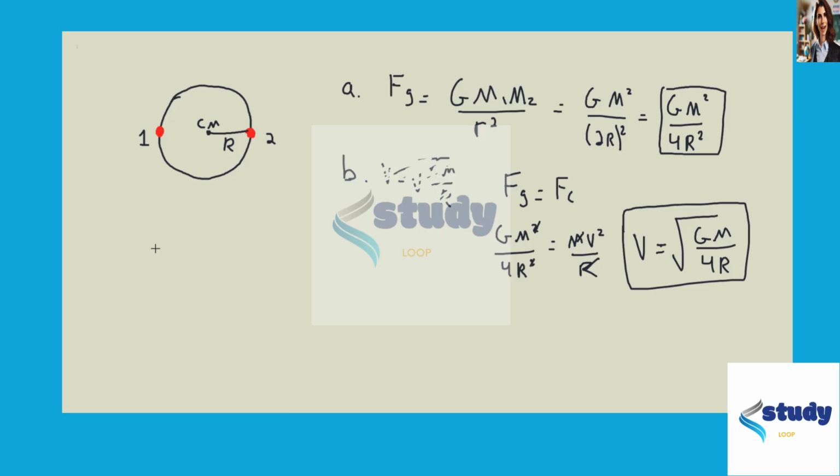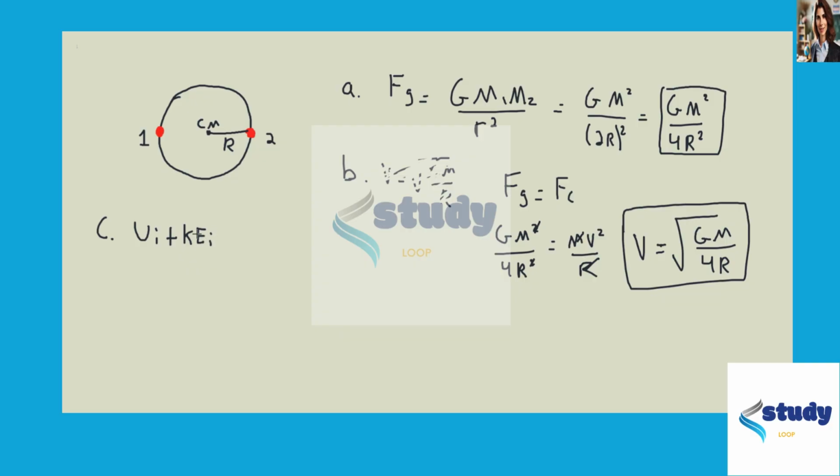Finally, part C asks us how much energy we would need to separate the stars to infinity. We almost always want to set these up using conservation of energy. So we say the initial energy, initial potential plus initial kinetic.